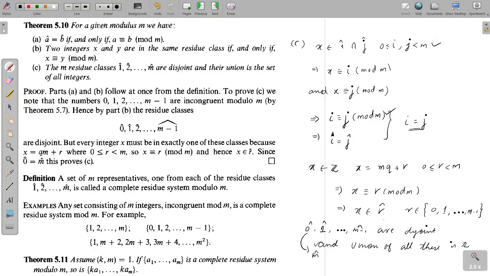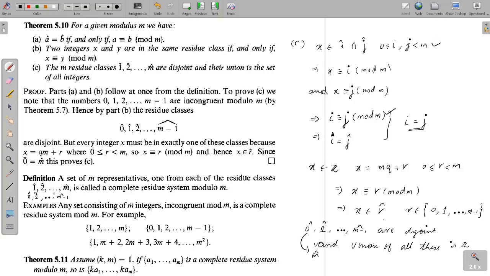Now we have a definition for complete residue system. A set of m representatives, one from each of the residue classes 1 cap, 2 cap, etc., m cap, or you can replace this by 0 cap, 1 cap, etc., m minus 1 cap.